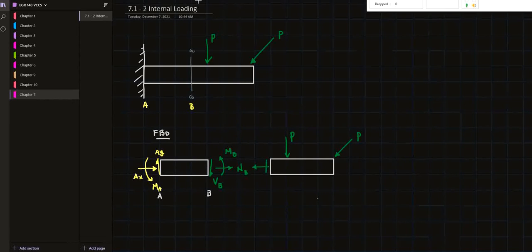We'll have the shear force, and we'll have a moment, equal and opposed. So we'll call the moment the bending moment. We'll call this normal force or axial force, and then we have the shear force down at the bottom.